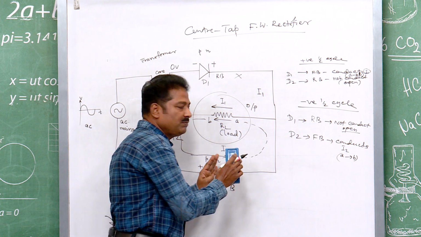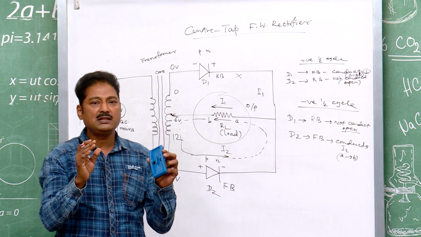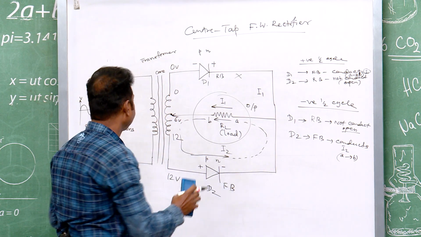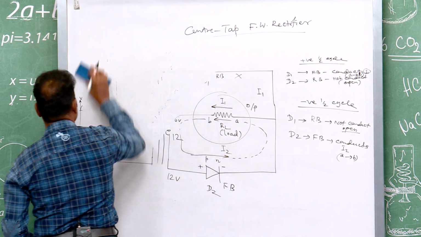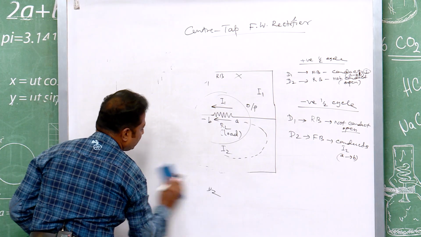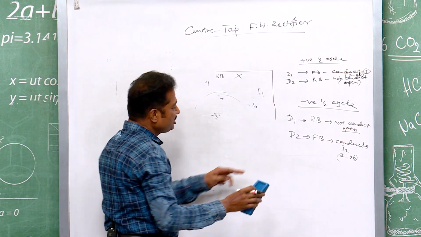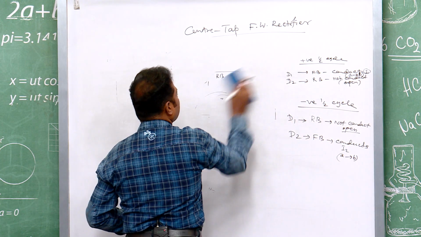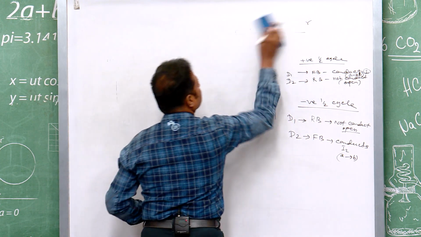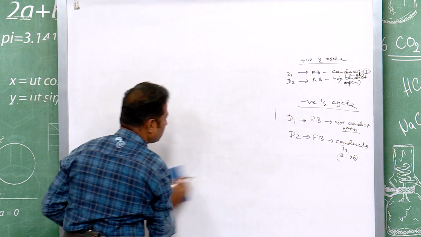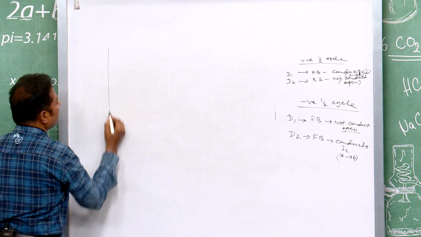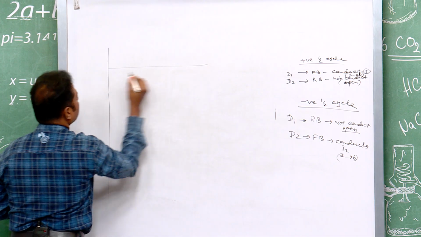Now, our job is to explain the rectification graphically. The graphical representation is not new for you, just look here and you can accordingly represent the graphs. You see that this is your input.